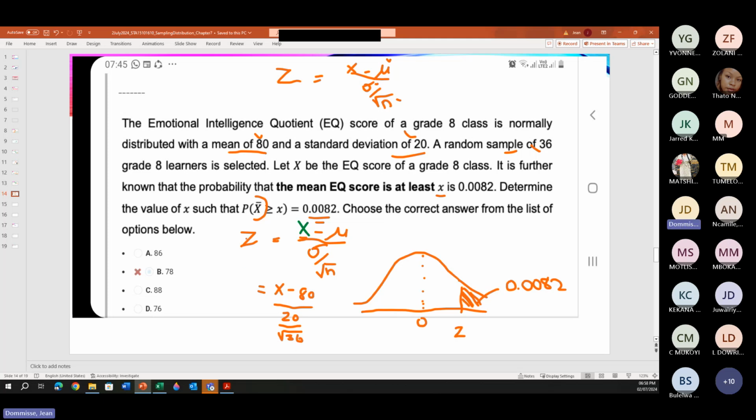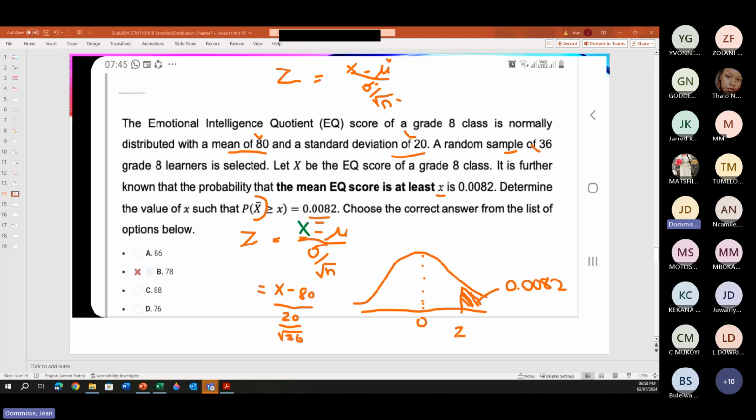They don't give the z to us, but they give us the probability. So we again can decide two things. Do we go and work out the positive z?